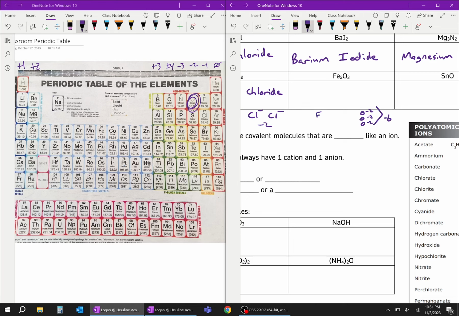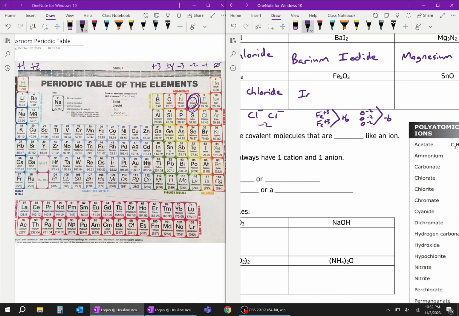I have 2 irons, and they will require a total of positive 6 in order to cancel it out. For 2 irons to have a positive 6 charge, that means each individual iron will have a positive 3 charge.